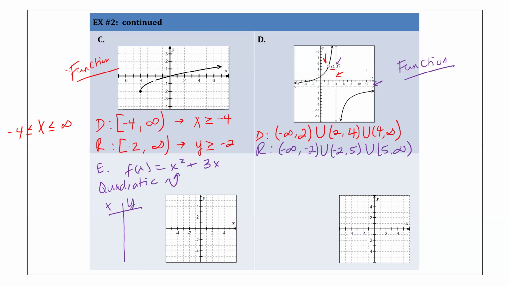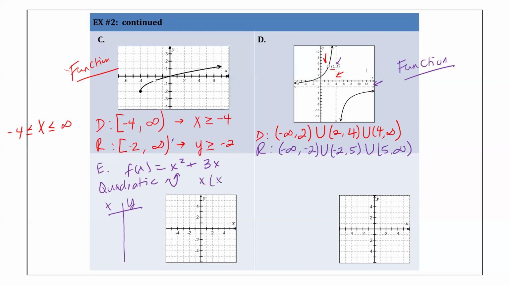Does anyone remember how to find my x-intercepts from a quadratic? You factor and set each factor equal to 0. Does that ring a little bit of a bell? Yeah, so this is a simple factor, it's a GCF.